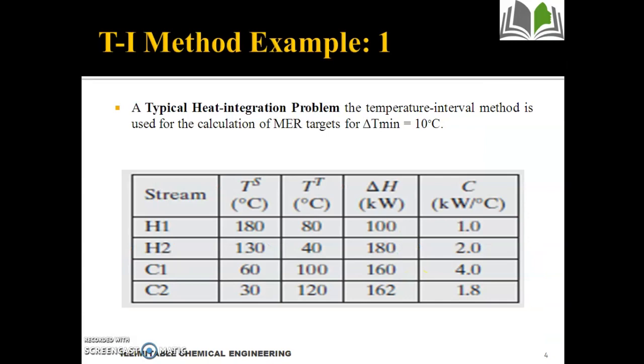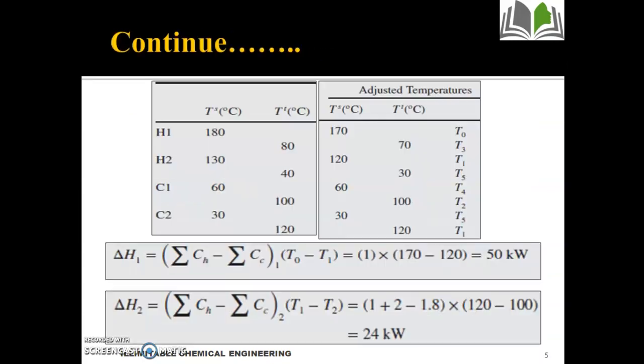H1 is the only stream present, so delta H1 is 50 kilowatt. Similarly, T1 to T2, T1 is 120 and T2 is 100, so in the 120 to 100 interval, which streams are present?